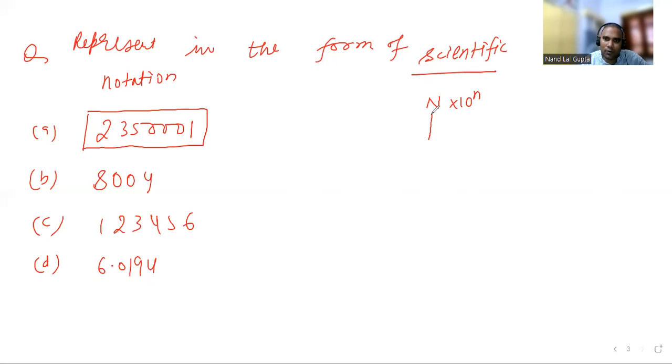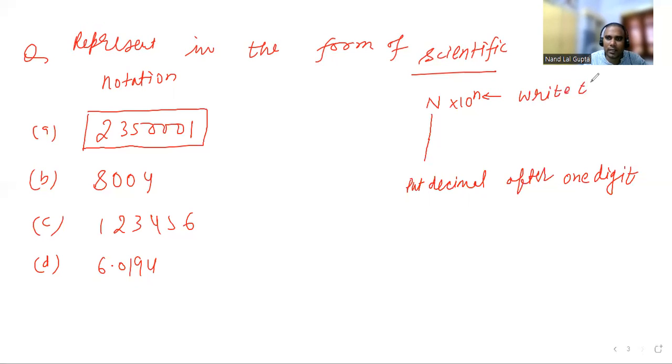Put the decimal after one digit, and write the exponent.